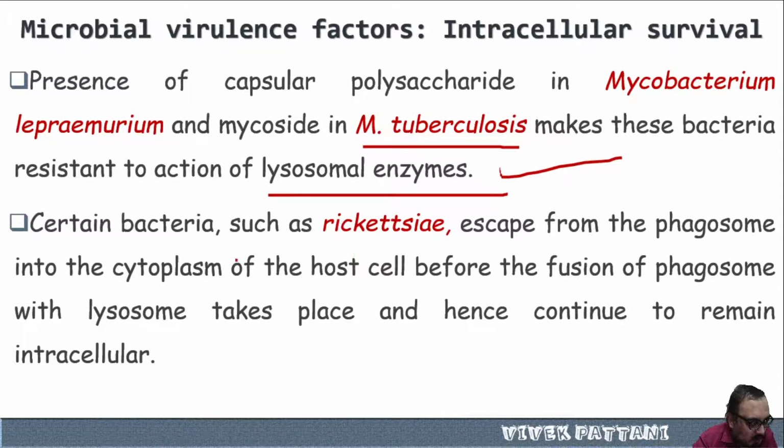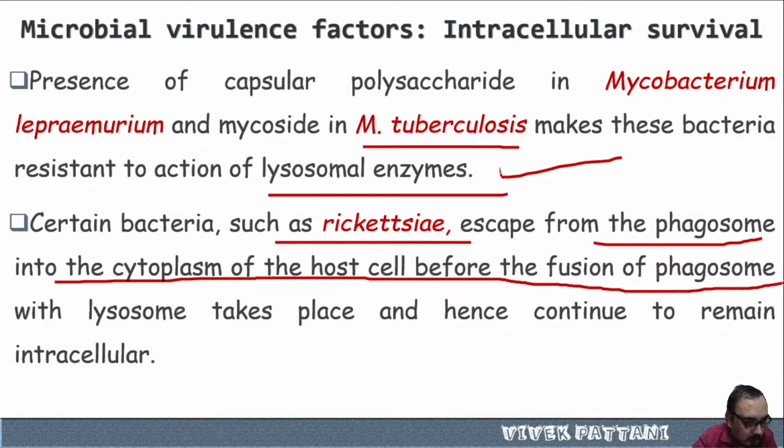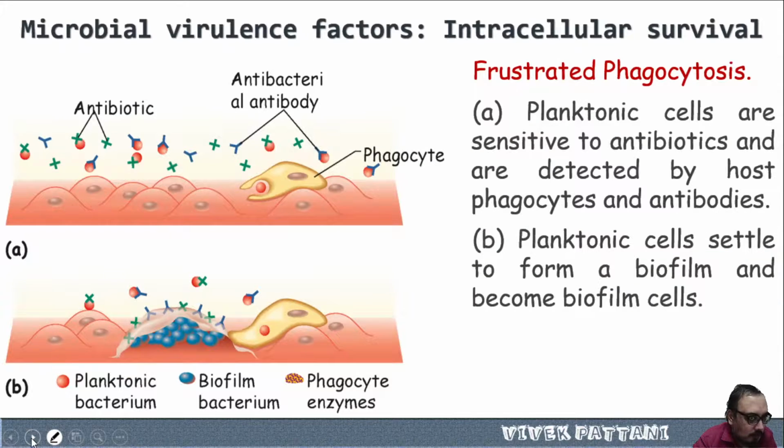And the next one is that certain bacteria such as Rickettsia escape the phagolysosome into the cytoplasm of the host cell before the fusion of the phagosome with the lysosome takes place, hence continuing to remain intracellular, as phagocytes can sometimes not detect the intracellular pathogens.